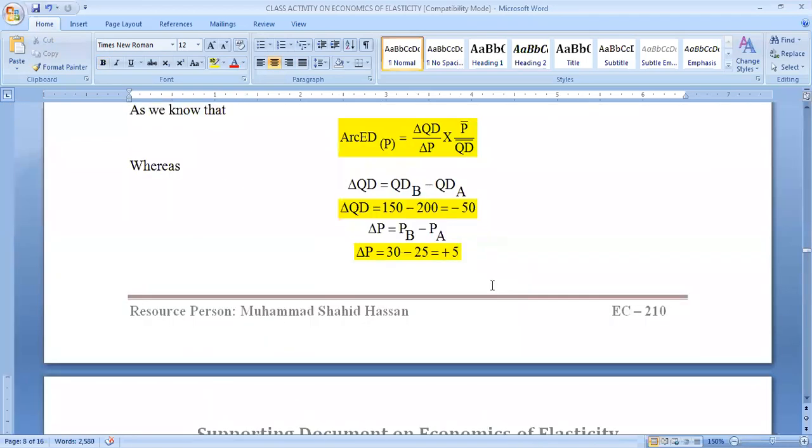Look at this formula. Delta QD equals minus 50. Delta P we have found plus 5. P bar we have found 27.5 and QD bar we have found 175. Now, after finding all the four components of the arc elasticity of demand with respect to price, we are going to substitute the values of all these four components into this formula to obtain our finalized answer.